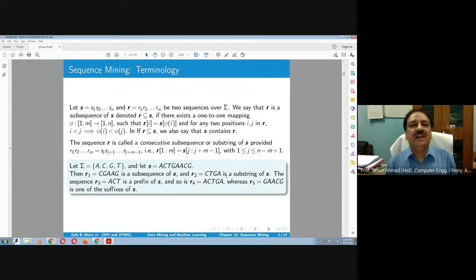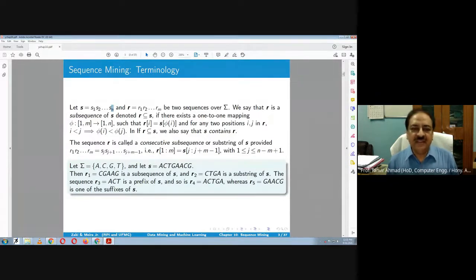Now we say that R is a subsequence of S, denoted R is a subset of S, if there exists a one-to-one mapping between 1 to m and 1 to n. Here m is a part of R and n is a part of S. Since R is a subset of S, each character of R should map to a character of S.